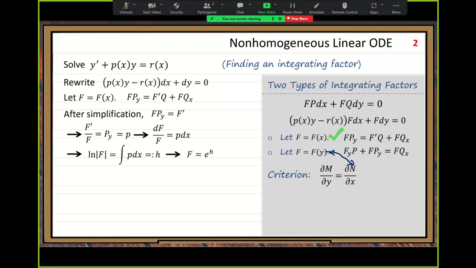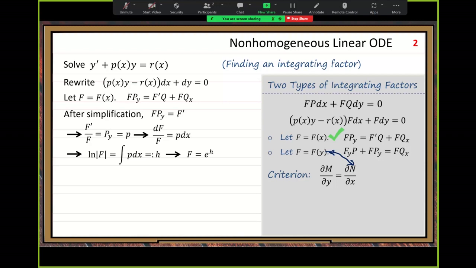But here, think about our goal: to find an integrating factor. We only need one particular integrating factor, right? We do not try to find all possible integrating factors.